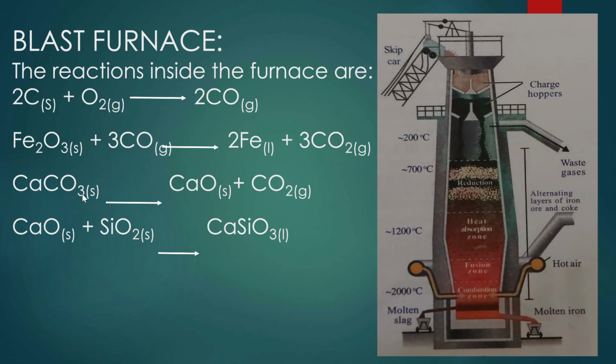The calcium carbonate, which is used as flux, undergoes decomposition to give calcium oxide and carbon dioxide. And this calcium oxide reacts with silicon dioxide to give calcium silicate, CaSiO3, which comes out as slag. Children, the molten slag which is coming out is calcium silicate.